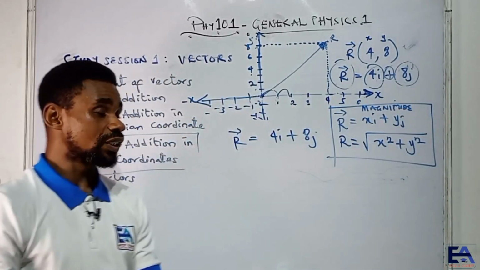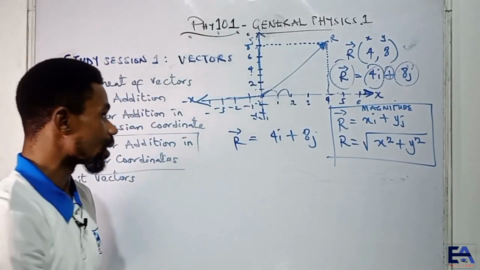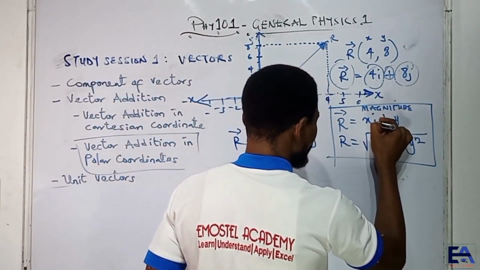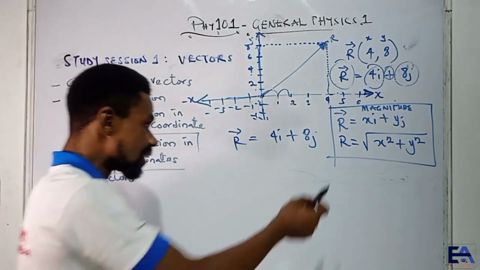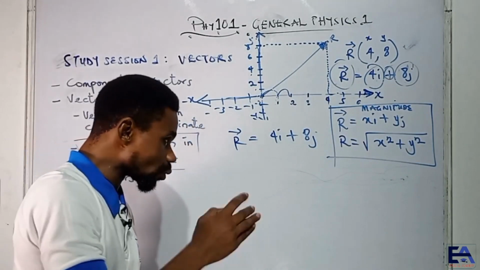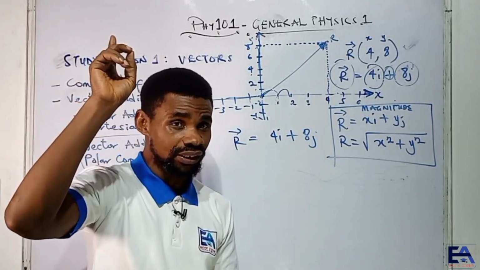You know the magnitude of a vector given in the other form too, the Rx and the Ry and all that. In this form now we have i and j. If the vector is given in this form, finding the magnitude is still the same way you found the magnitude earlier when it was given in form of its polar coordinates.